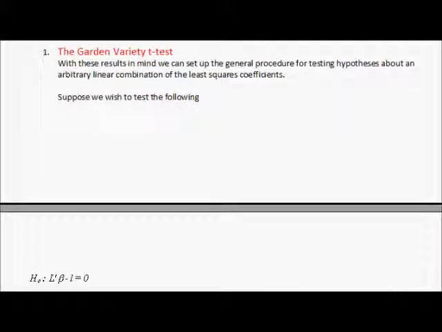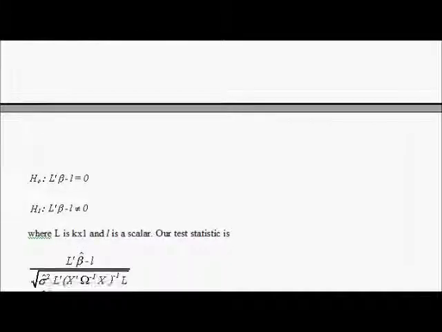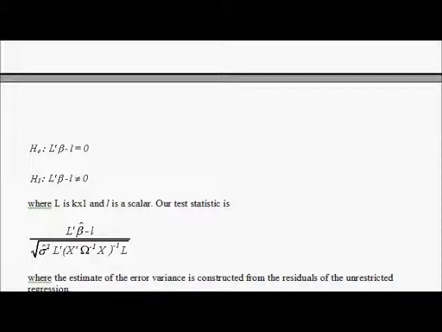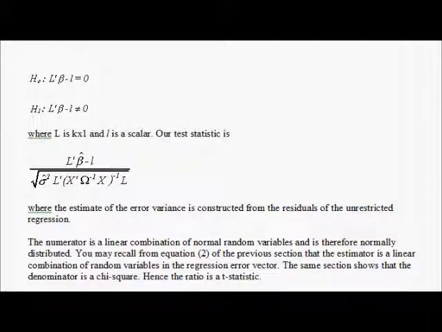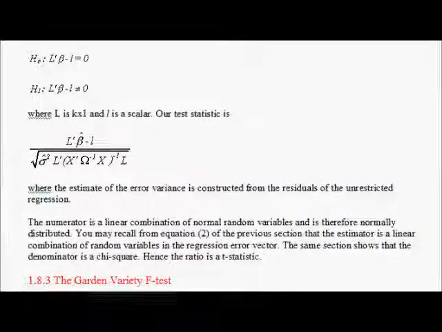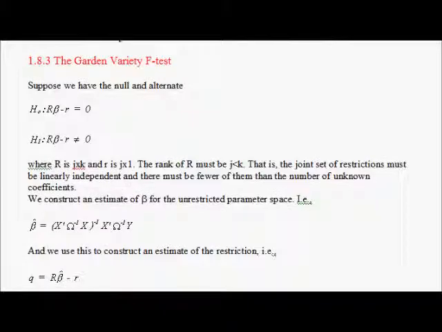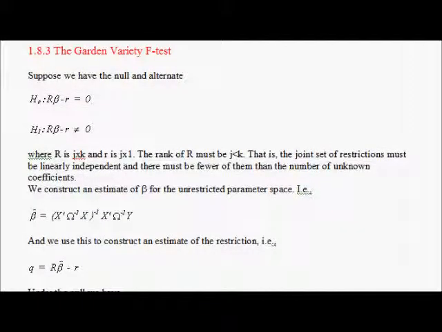There's a sum of squares in the numerator and a sum of squares in the denominator. My sum of squares, if I'm having sigma hat squared here, I'm dividing by the degrees of freedom. The only thing missing would be j, which would be the number of restrictions that is in the numerator. So that's by way of motivating that I can use my garden variety F statistic to test the hypothesis that the mean square errors differ from one another.